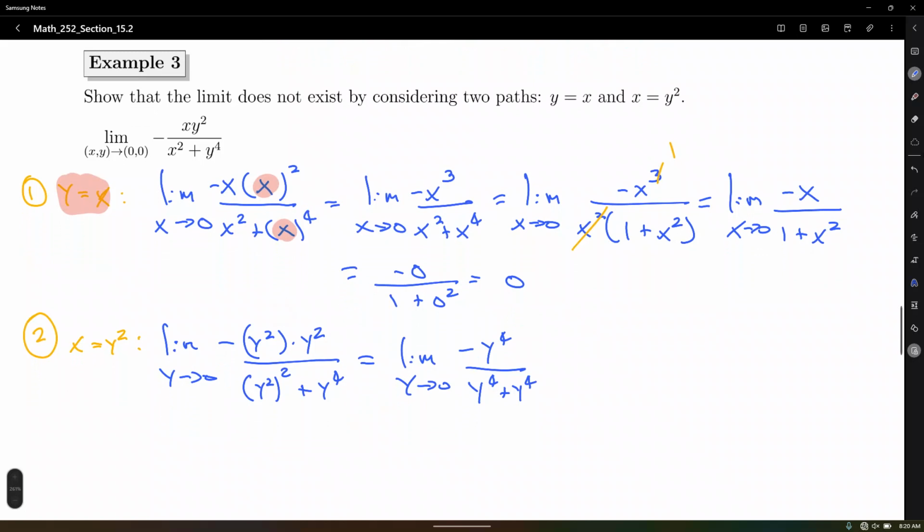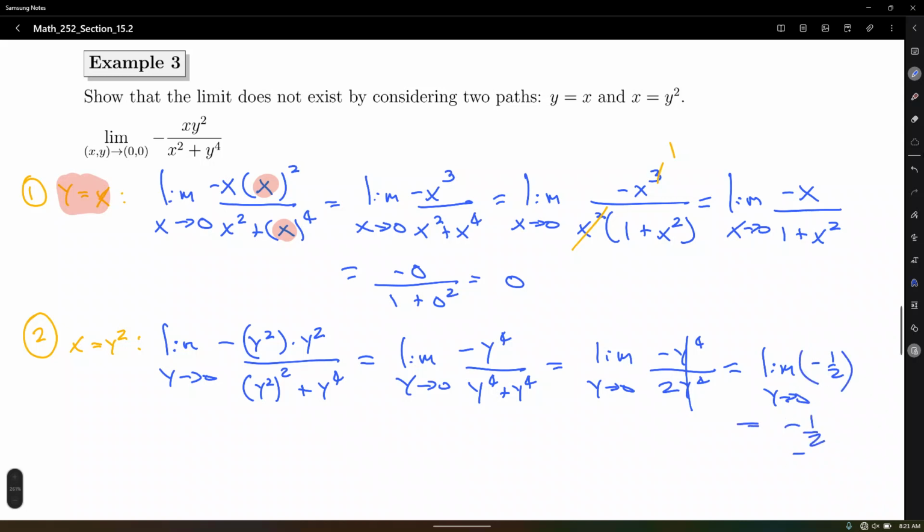And what else? So combining like terms, that's the limit of negative y to the fourth over 2y to the fourth as y approaches 0. See how we divide this out? That's the limit of negative 1/2 as y approaches 0, which is negative 1/2.